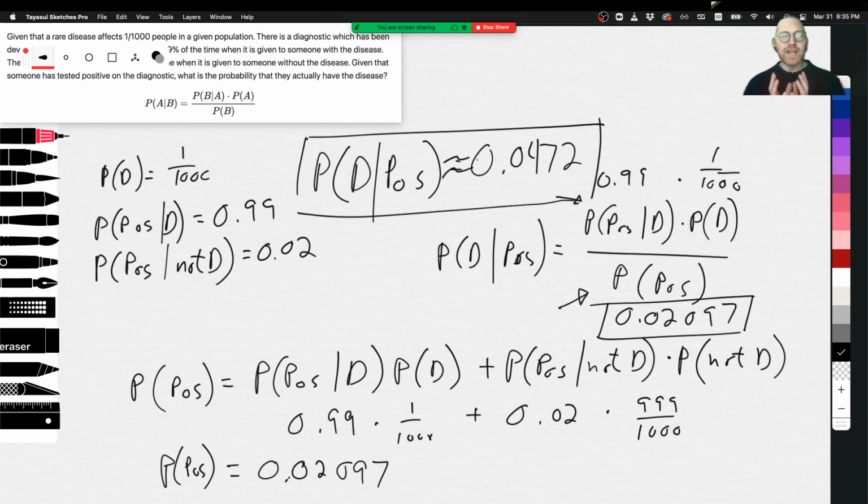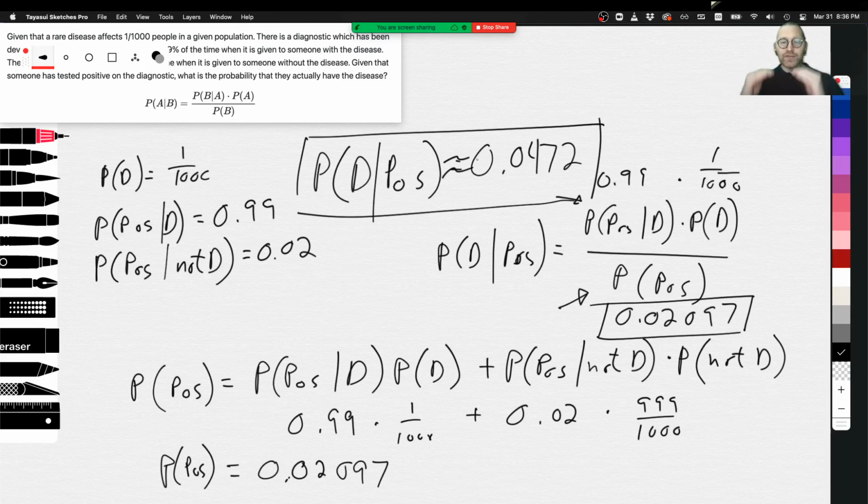This gives you a sense of what diagnostic tests mean. Let's say you go in for a screening for a particular illness. That initial screening is often meant to catch a lot and sometimes be wrong. Let's say when somebody has the disease, it discovers that 99% of the time. But let's say that disease is super rare in the population. Well, you need to ask the question, what is the probability of having the disease having tested positive?